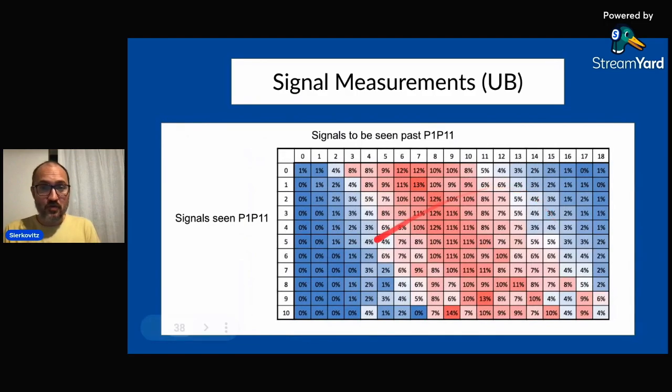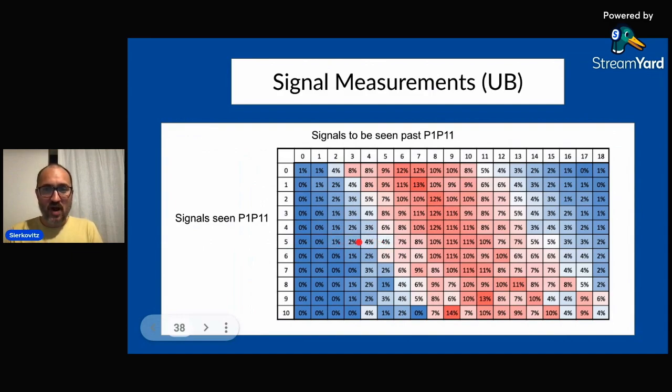So just to show you, if you had those 5 signals up until pack 1, pick 11, you will almost never see 0 signals or 1 signal in the future. You will very rarely see maybe 3, 4, 5 signals in the future.